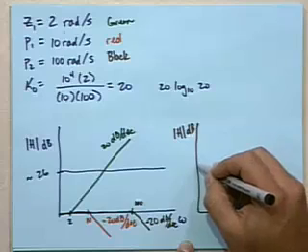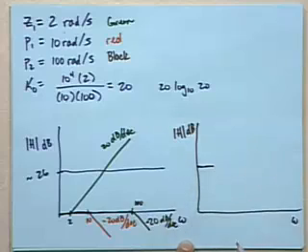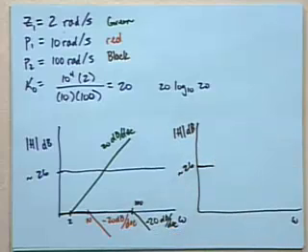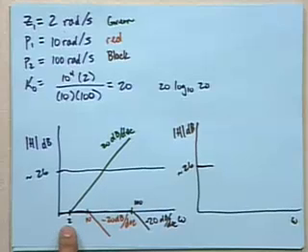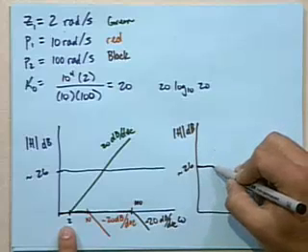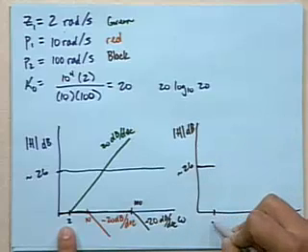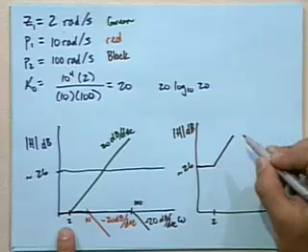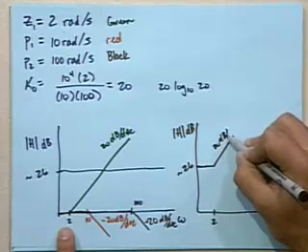From 0 up to 2 radians per second, it's going to be flat at that value of about 26, or however exact you want to get, 20 times log of 20. Then at the corner frequency of 2, it starts increasing linearly upwards with a positive slope of 20 dB per decade.